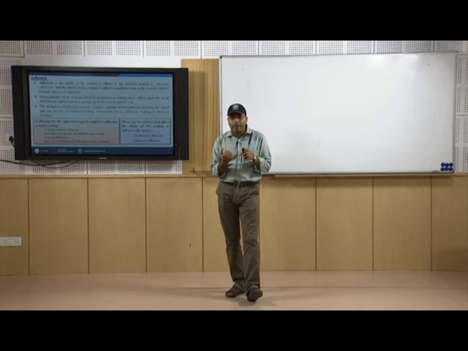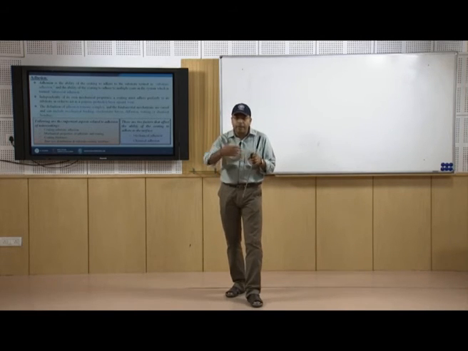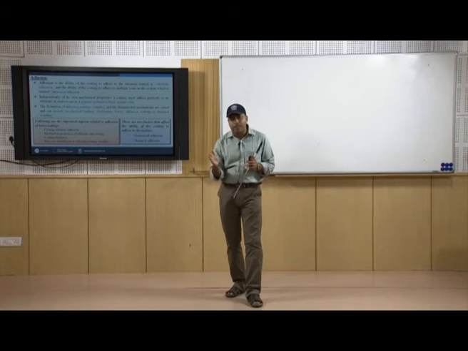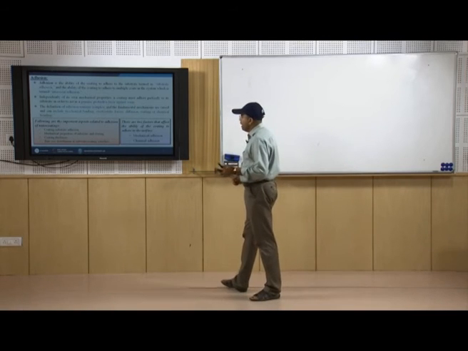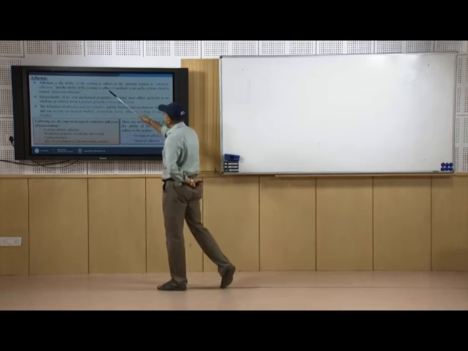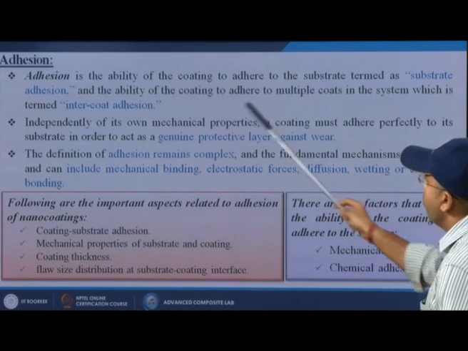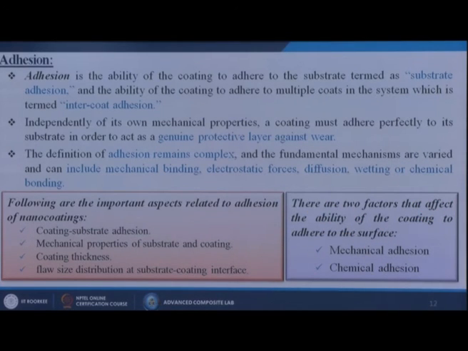Otherwise, what will happen is that after a certain time the nano coating will come up. That pulling is nothing but the adhesion between your coating materials and your substrate. So, here adhesion is the ability of the coating to adhere to the substrate, termed substrate adhesion, and the ability of the coating to adhere to multiple coats in the system is termed intercoat adhesion.